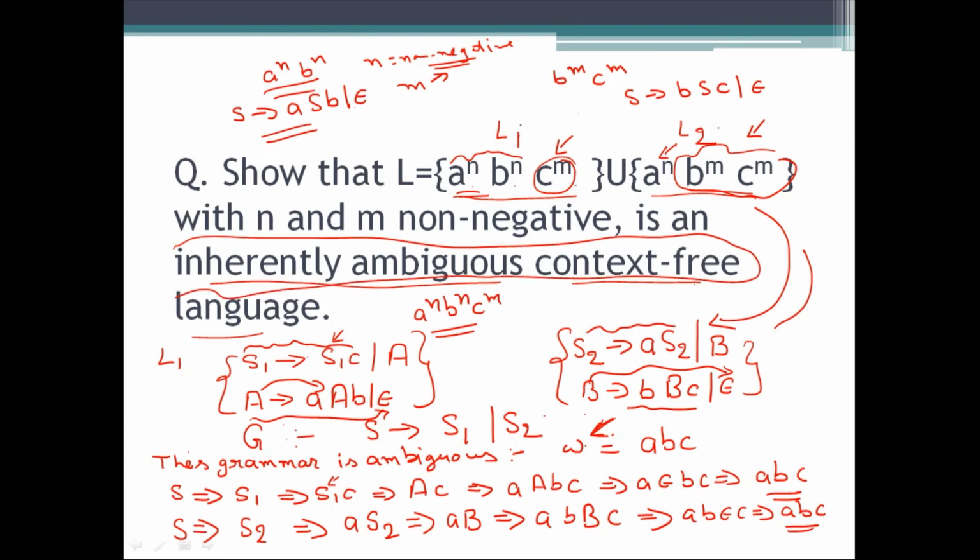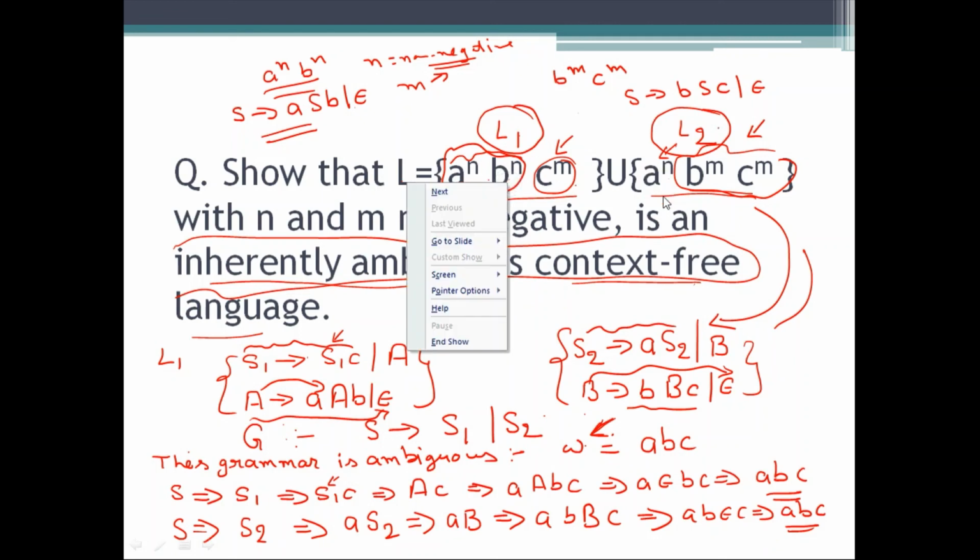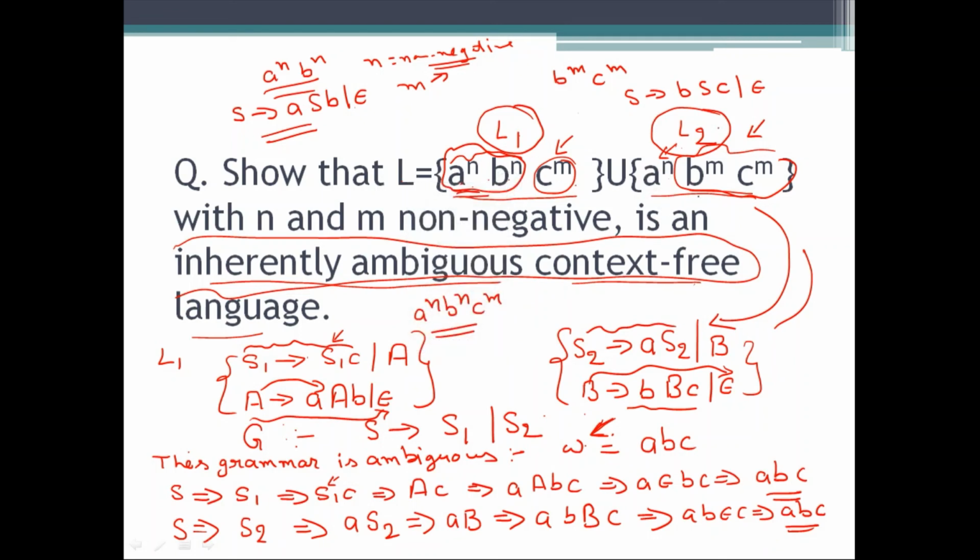But if you closely look at L1 and L2, these have conflicting requirements. How? Just see here. L1 puts a restriction on the number of a's and b's; these must be the same. While L2 puts restrictions on the number of b's and c's.